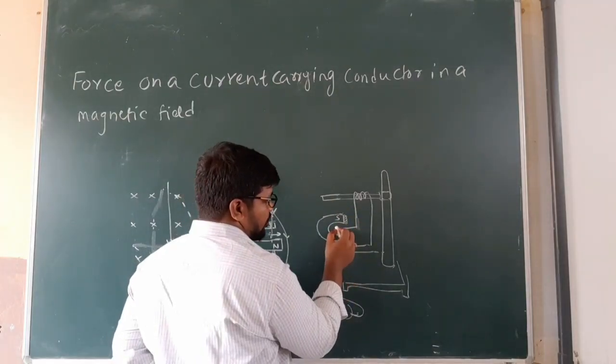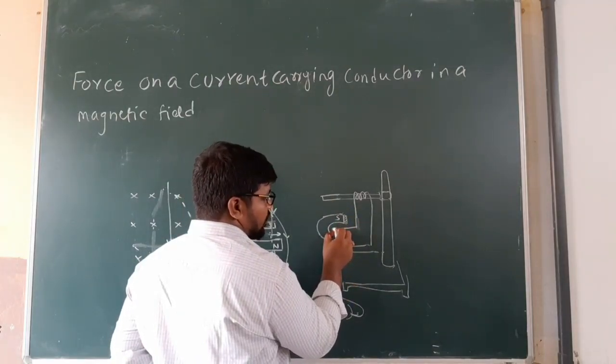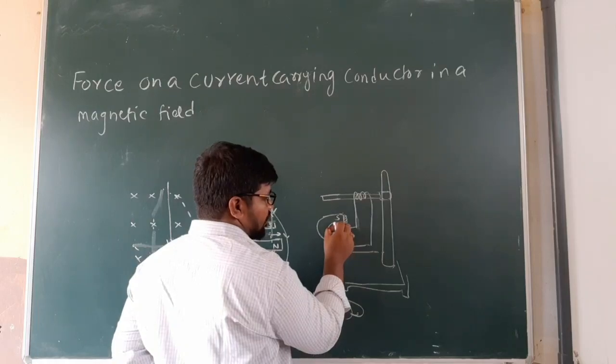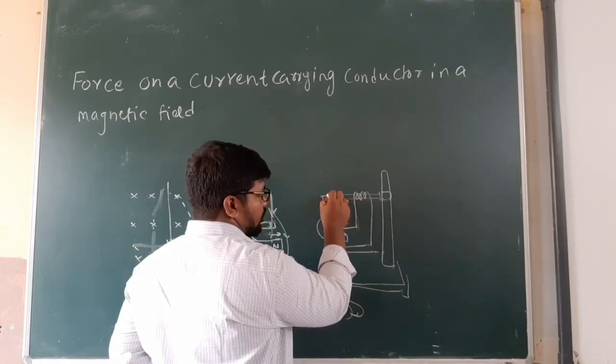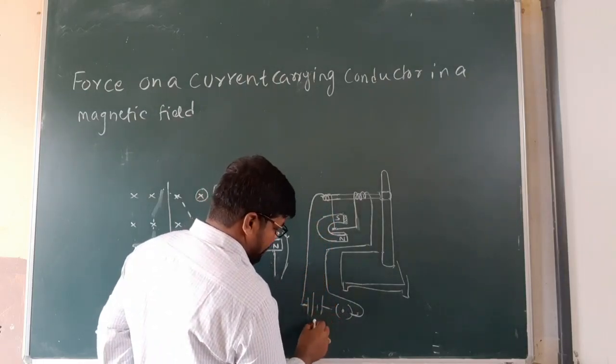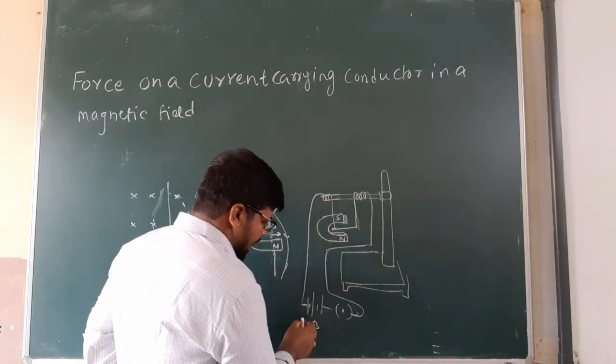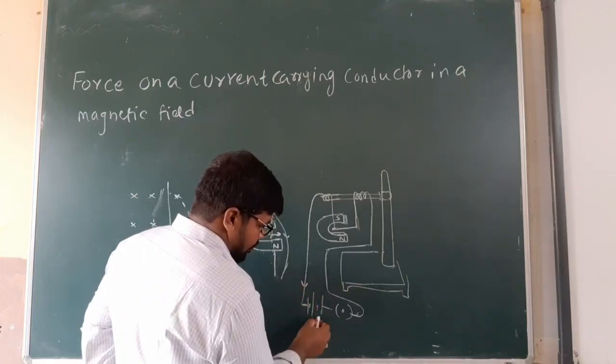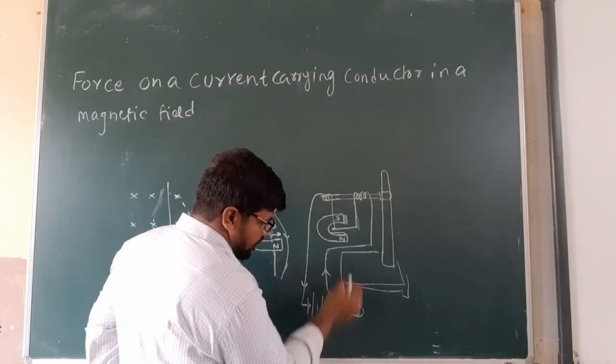On the other side is another wire. This is the battery, the negative terminal and the positive terminal. This is the key.